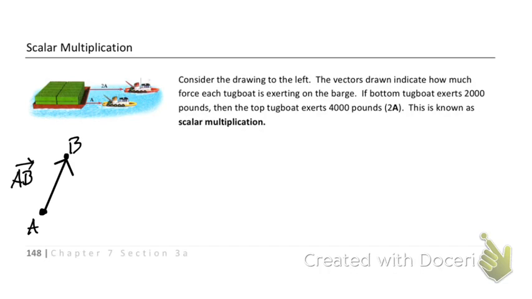So if I have a vector AB, and someone told me to draw the vector 2AB, I have to keep the vector going in the exact same direction, because direction is important and magnitude is important. So I have to keep it going in the exact same direction, except now it's going to be twice as long.